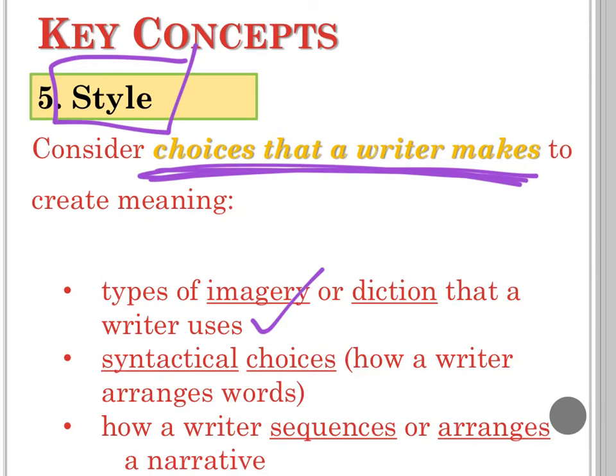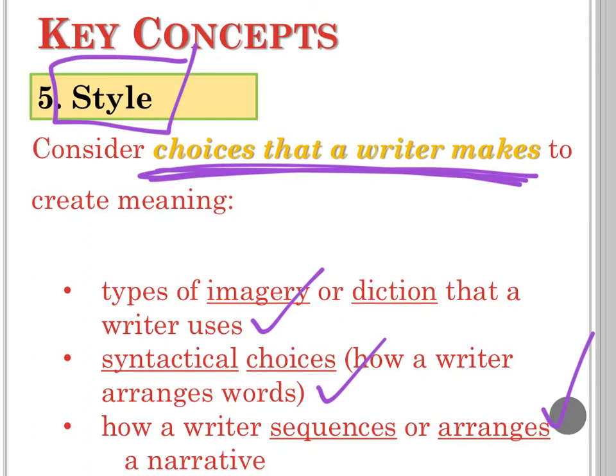Then you could focus a topic on that. Maybe you notice that a writer arranges sentences in a particular way very consistently. Well, how does the arrangement of those sentences promote or convey the idea that you have in this novel? And then finally, you can pay attention to how a writer sequences or arranges the story.